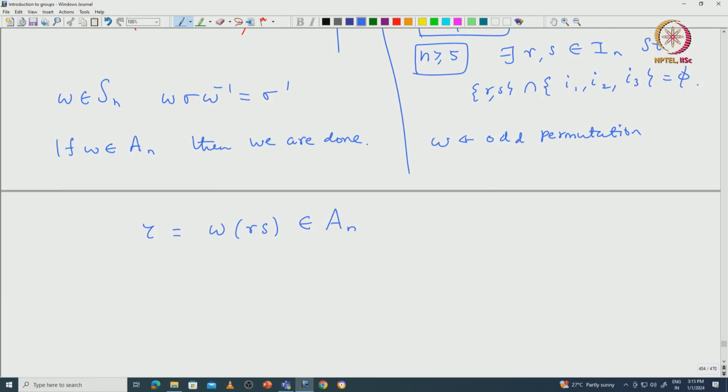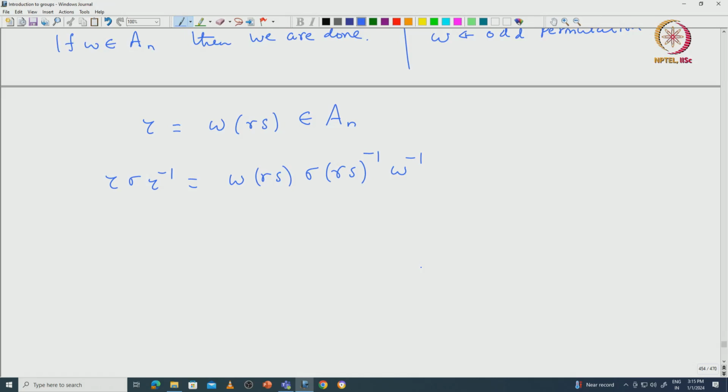So, now compute tau sigma tau inverse. This is going to be exactly omega (r s) times sigma (r s) inverse omega inverse. Now, note that (r s) inverse is (r s). So, this is going to be omega (r s) sigma (r s) omega inverse. Now you can just do the calculation and then see.